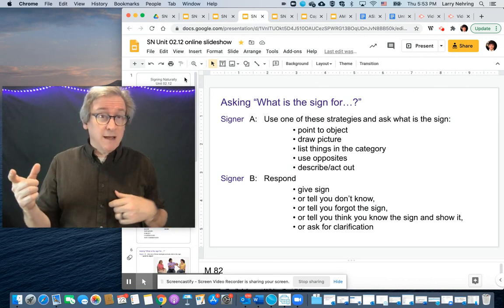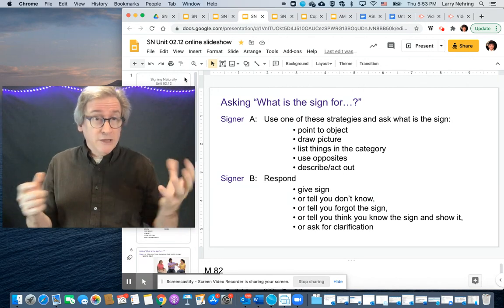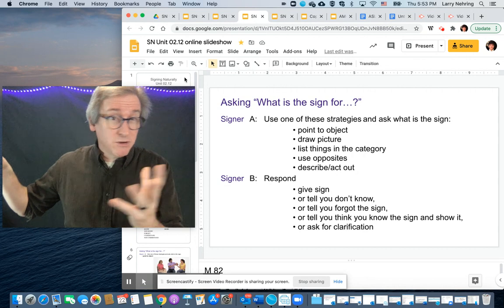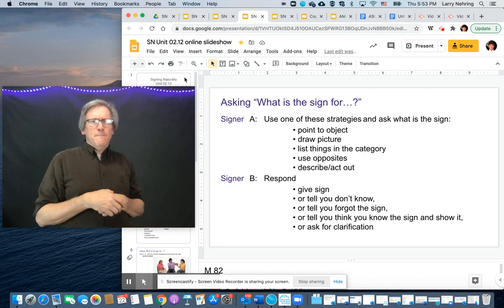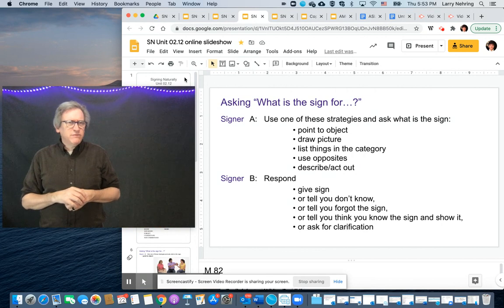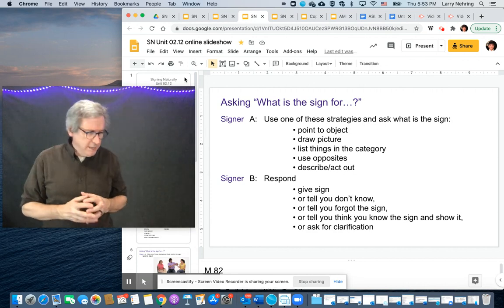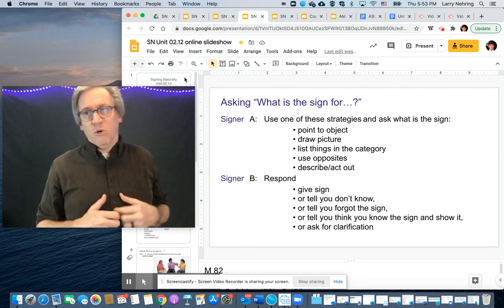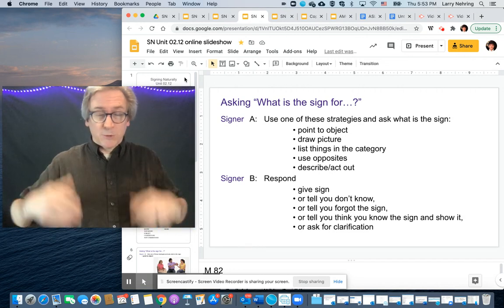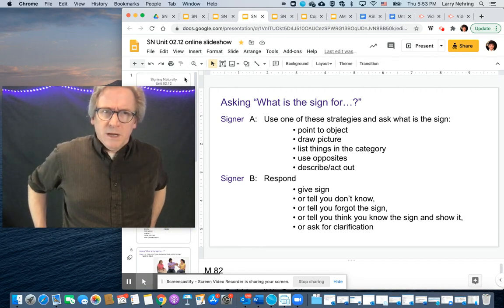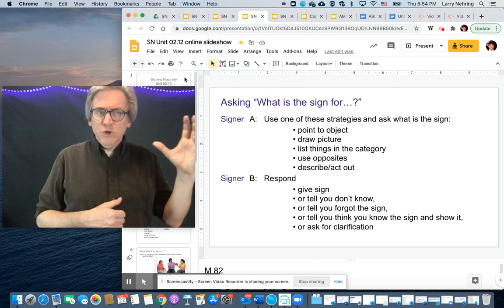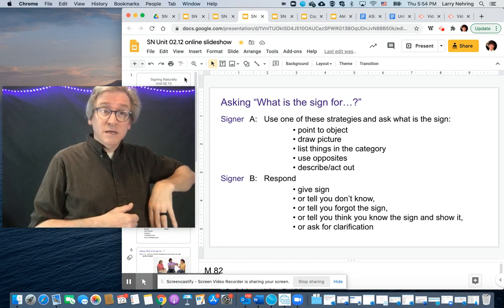You can point to the object, you can draw either on paper or in the air, or you can point to a picture of it. It's the same if you've done any traveling internationally or in other communities where you don't speak their language, whatever it happens to be. You can list similar things.